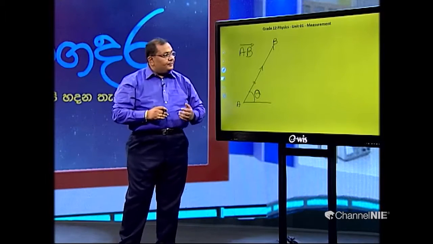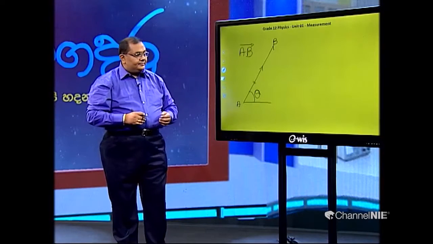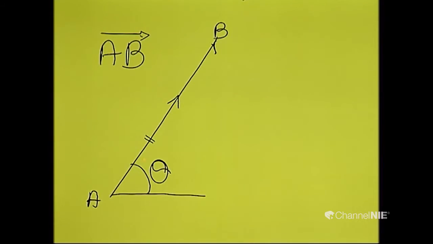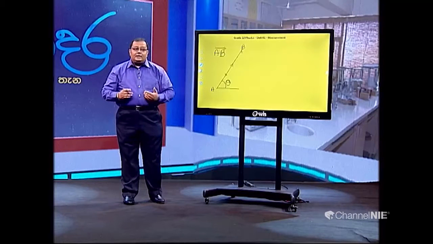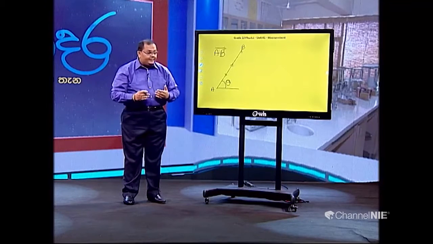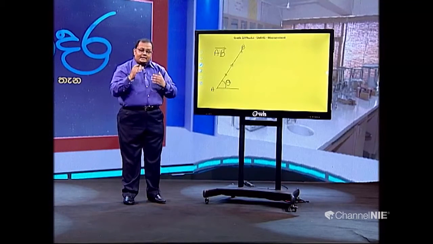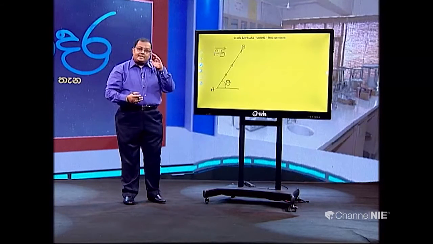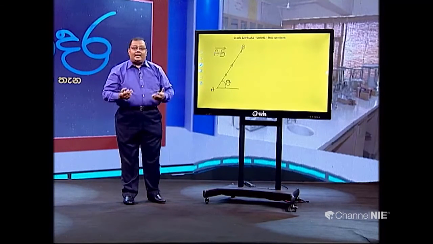And you should know equivalent vector. Then you know how to represent a vector with magnitude and direction. And next one you should know, equivalent vector. It's a very important thing. Equivalent vector means if you can find any second vector, right, which has the same direction and same magnitude.